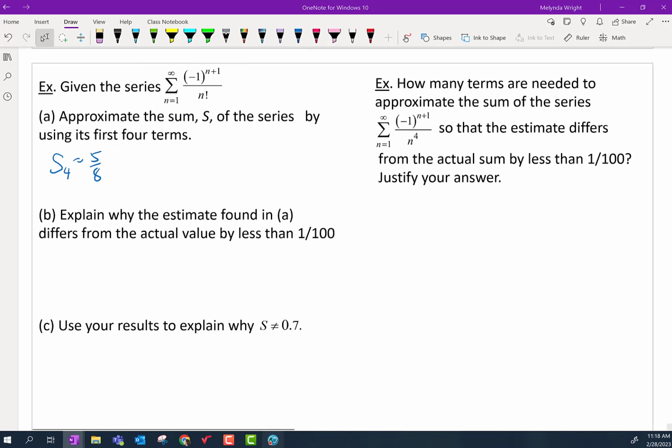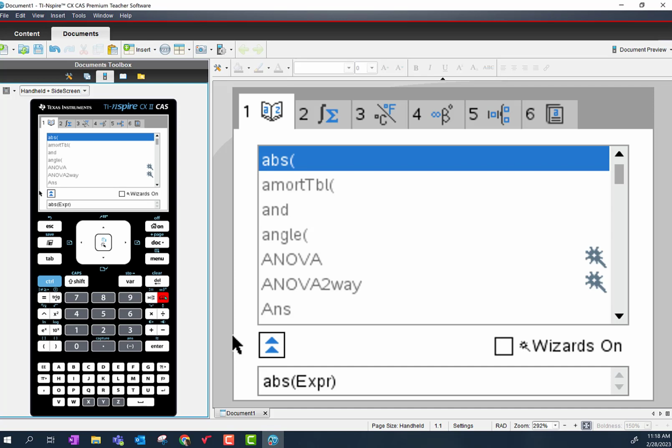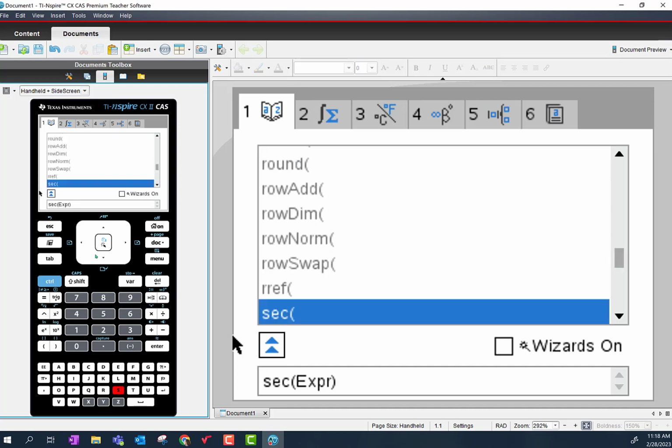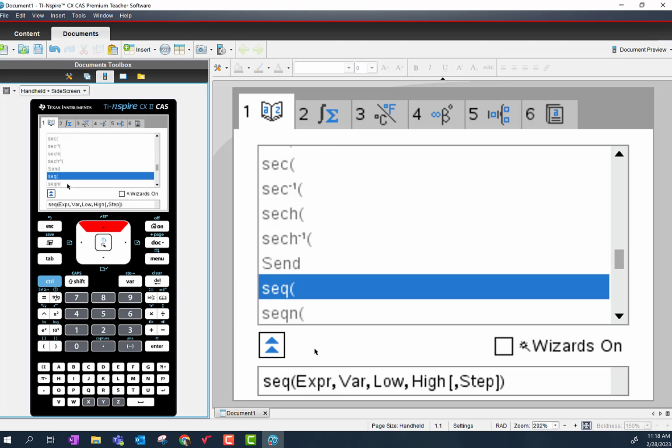Okay. So what we do is, it's a sequence. Now, I don't know if you've ever gone to this book thing right here. If you type in S for sequence and then scroll down, it's right here. There's the sequence, and it tells you how to put it in. So to list the sequence, we need to put the expression in first, comma, the variable, comma, the low number and the high number.